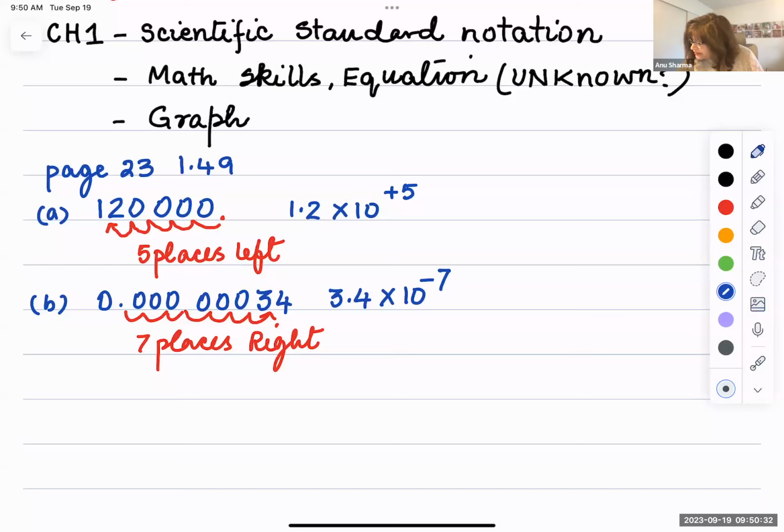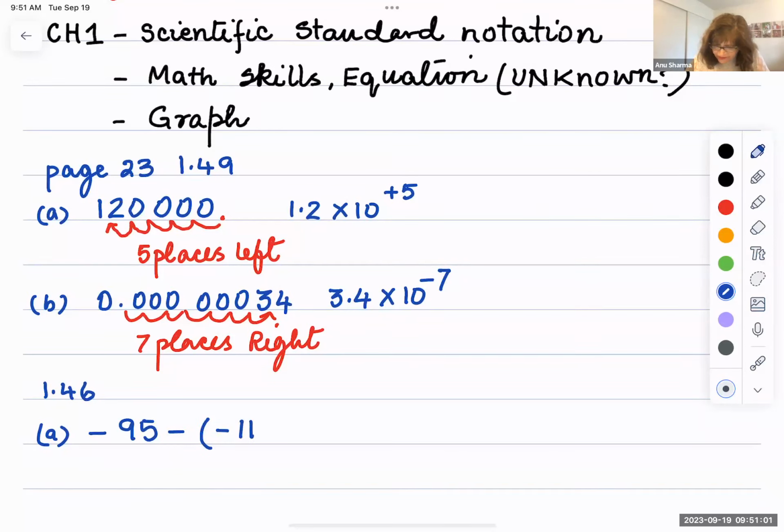Next, let's look at some of the questions that relate to your math skills. Okay, let's do this one. Page 23, 1.46. The question here is negative 95 minus negative 11.